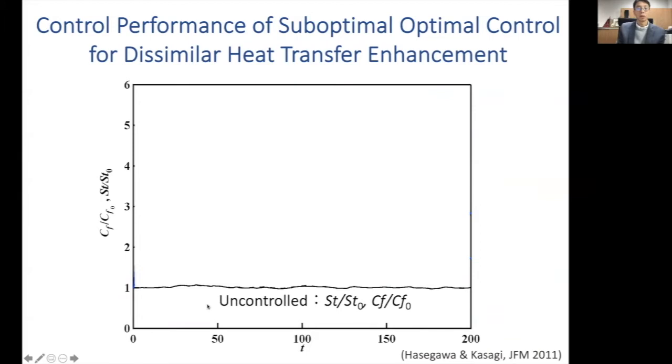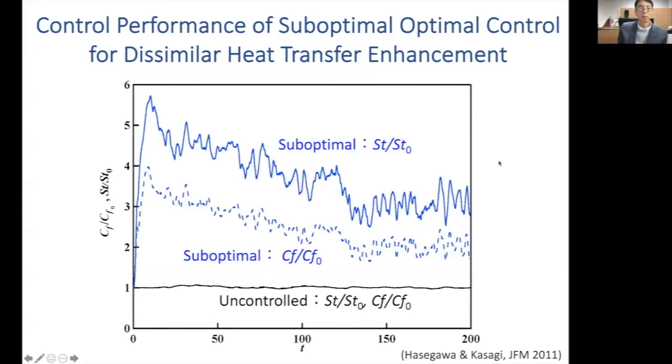This figure shows the time on the horizontal axis and the CF and Stanton number on the vertical axis, and we normalize by the uncontrolled value, so it's around 1. As you can see, the instantaneous Stanton number and the CF are almost around 1, and both of them change in a similar way, which suggests the Reynolds analogy.